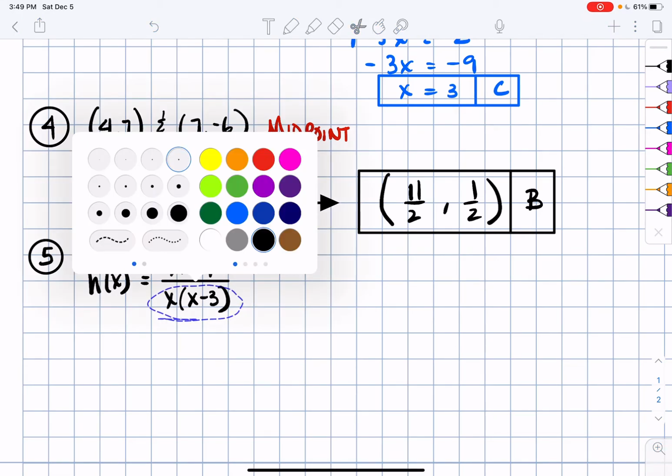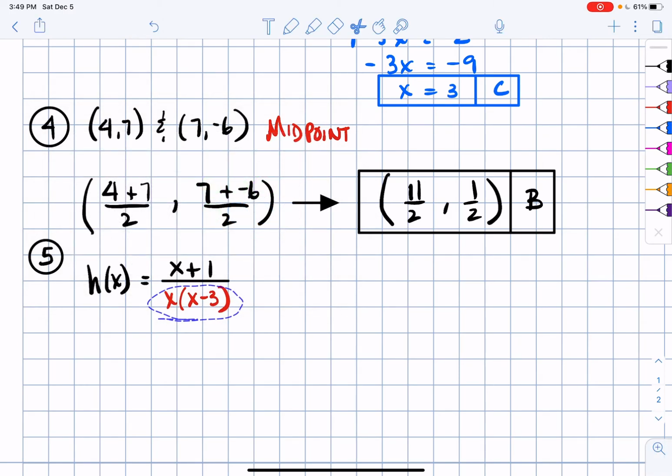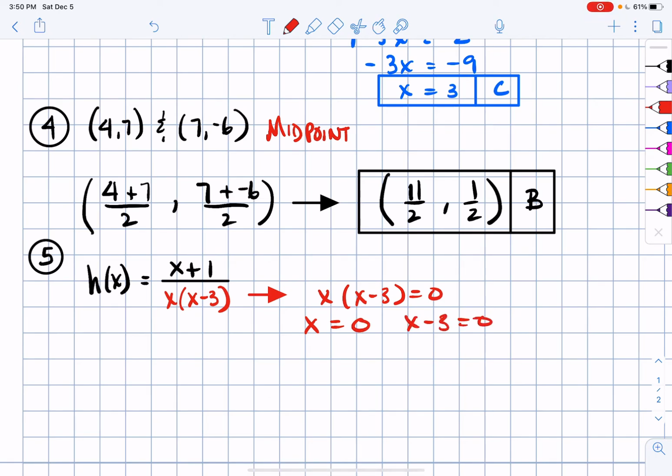The restriction is based on the denominator. So all I'm doing is taking the denominator and setting that equal to 0. And when I set that equal to 0, I'm going to set each factor equal to 0. So I got x is equal to 0 and x is equal to 3.